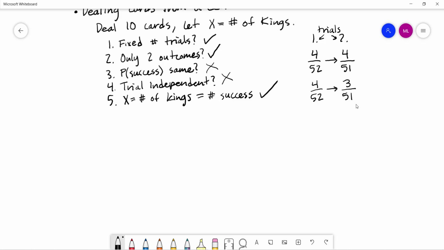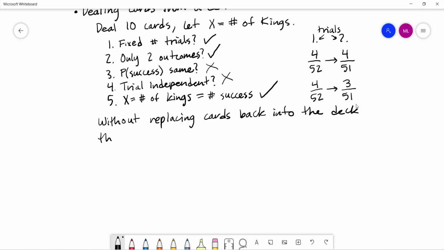So without replacement, meaning without replacing the card back into the deck, this is not a binomial distribution.